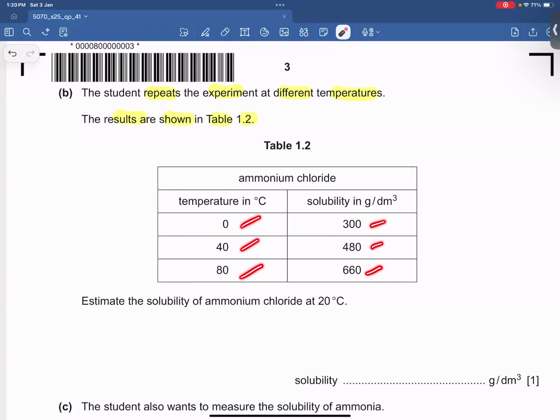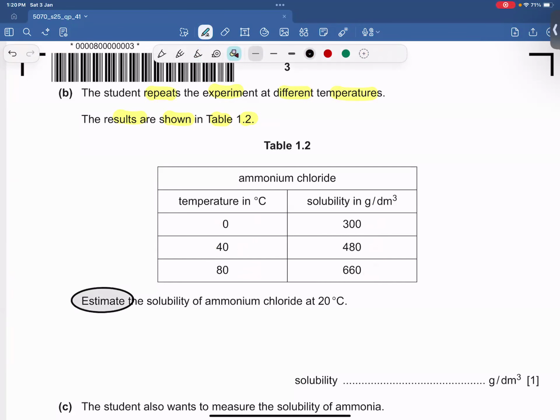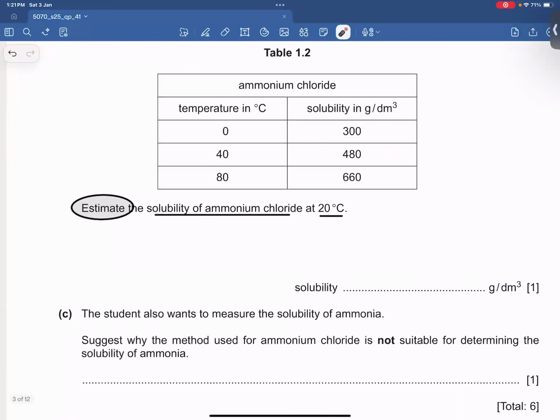All right. Now, the examiner is looking for the value of solubility of ammonium chloride at 20 degrees Celsius. Since at 20 degrees Celsius, the solubility must be greater than 300 and lower than 480, we can take the average of these two values to get the estimated value.